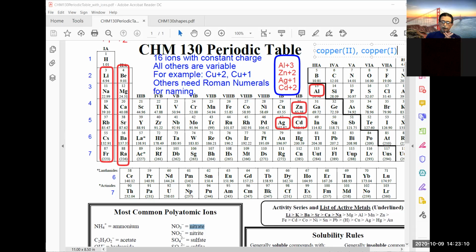So the international community, and there is an international community with respect to naming compounds, decided to use Roman numerals to distinguish the two. So when you see a Roman numeral in a name, that Roman numeral pertains to the oxidation state of the metal that you're given. Okay? All right, so let's head back.